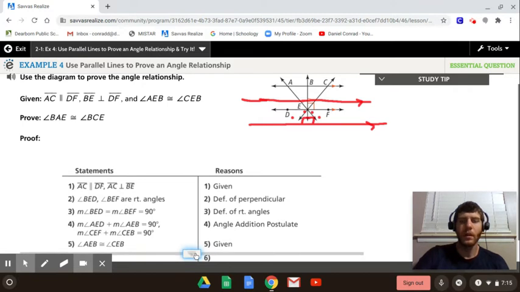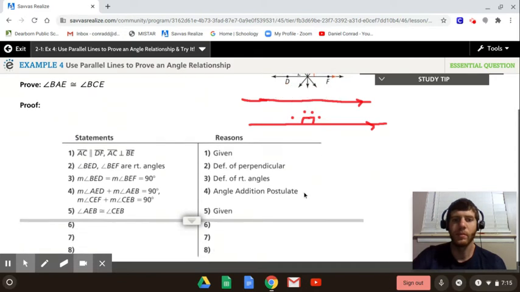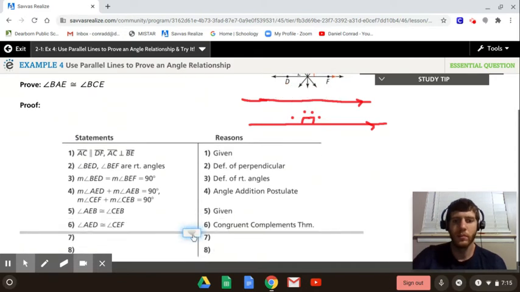Okay. So they put that angle AEB, so that was the other given. They then added in the other given. Again, I would have just put it all in one step right here at the beginning, but that's fine. Okay. And then they're going to use the congruent complements theorem, right? So since we now know that these pair of angles are complementary, and again, there probably should have been another step that said angle AED and AEB are complementary by the definition of complementary.